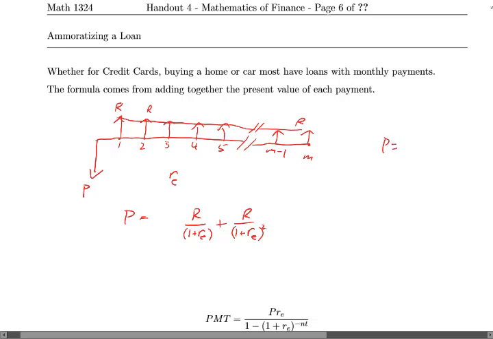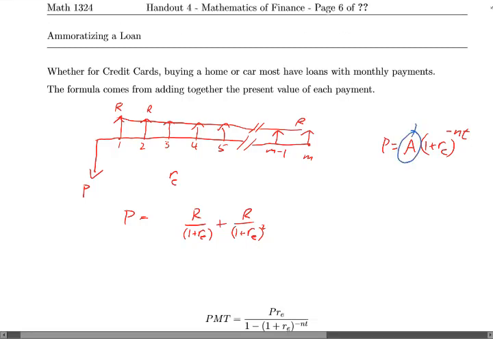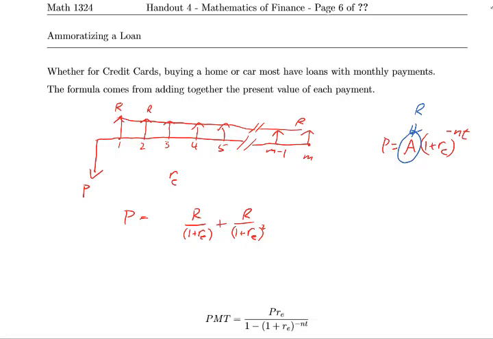Again, all we're doing is using this equation right here, to the negative nt, where this a value we're reinterpreting as R, because it's a future value.